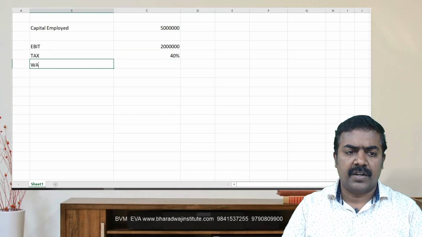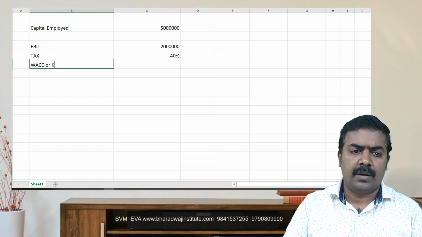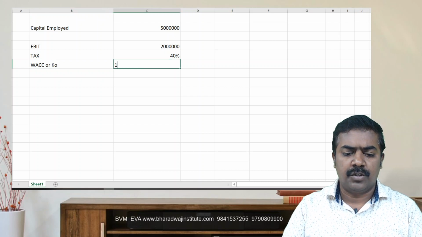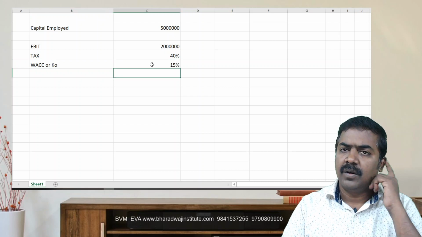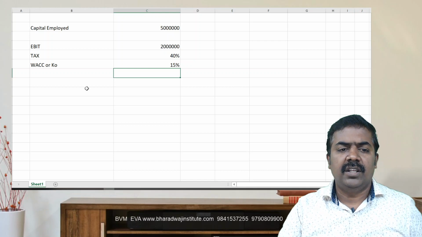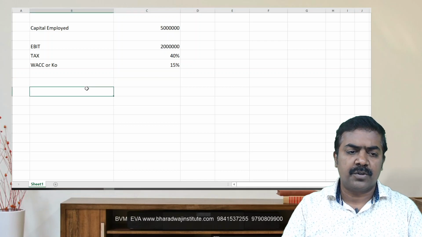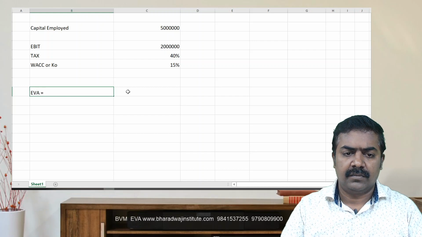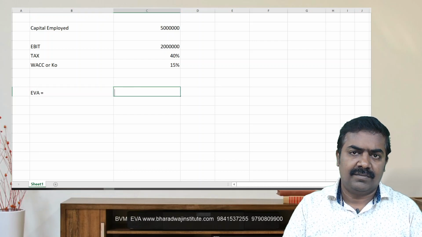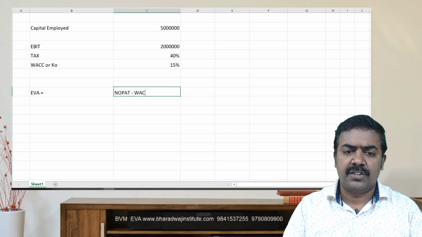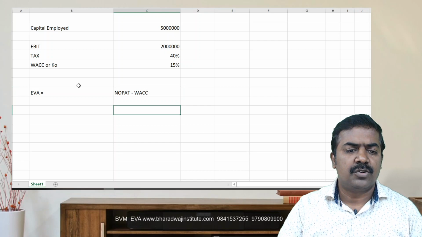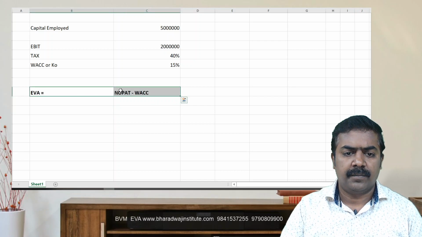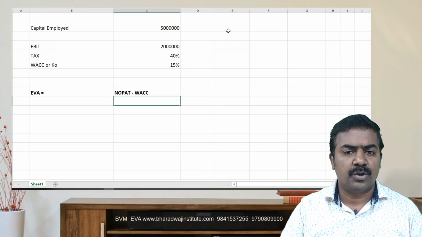Its overall cost of capital, weighted average cost of capital, is let us assume 15%. Now, how to work out EVA? What is the first approach? NOPAT less weighted average cost of capital. So, let us try this approach and let us go for the other approach also.